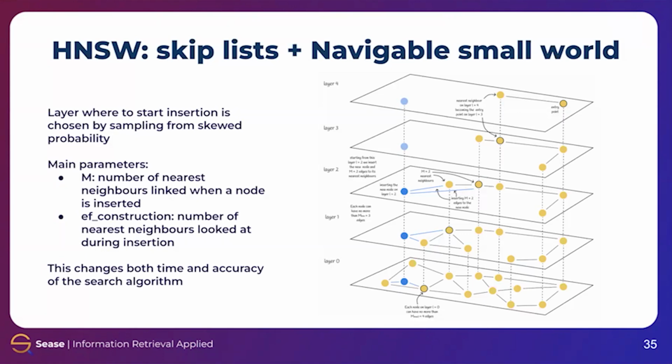I forgot to say that the insertion is random, and this randomness is sampled from a probabilistic function that is skewed to the bottom. So it's more likely that I pick bottom layers instead of top layers. Also, when I insert on a top layer, I need to put the data point in all the layers under it.